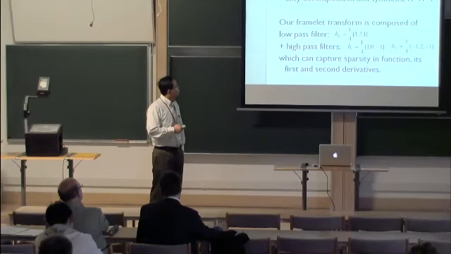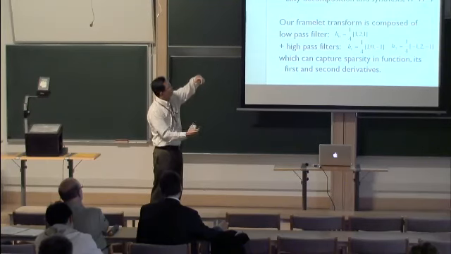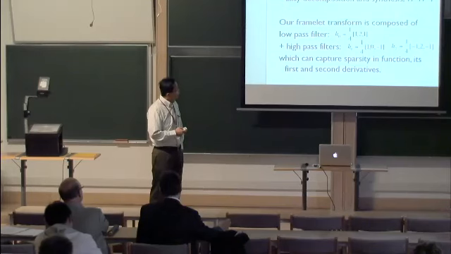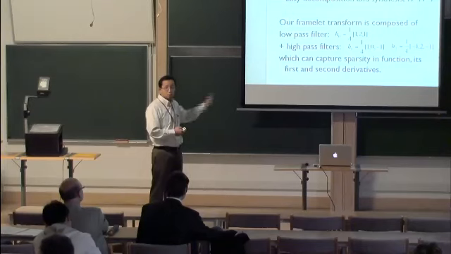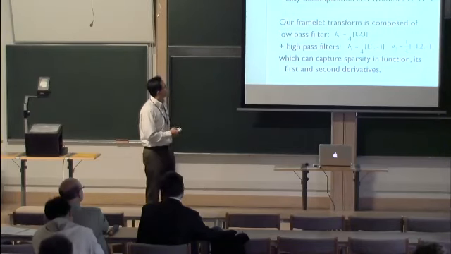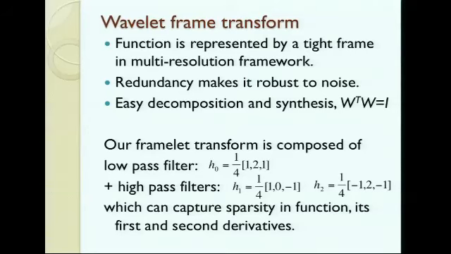Basically this W is a very tall matrix. Each time you operate it on a function, that is a decomposition into the basis. When you synthesize, again, it's very easy. You just transpose this and multiply those coefficients, that's it. It has a left inverse, but it doesn't have a right inverse because it is a tall matrix.